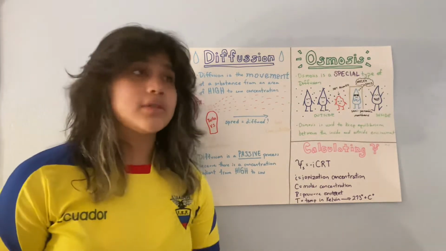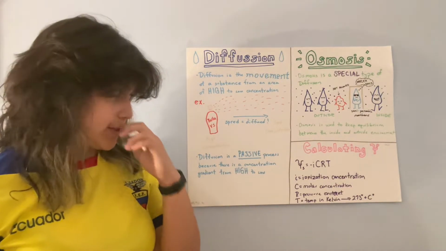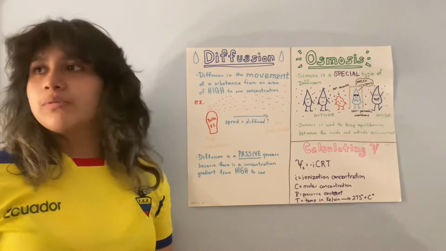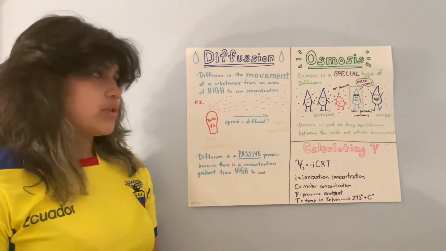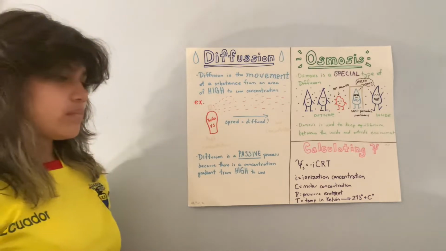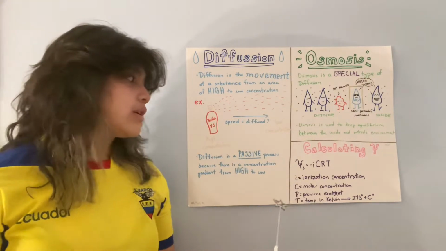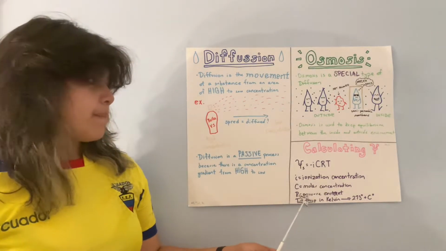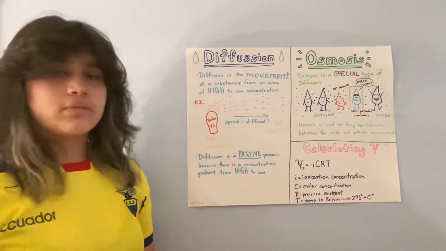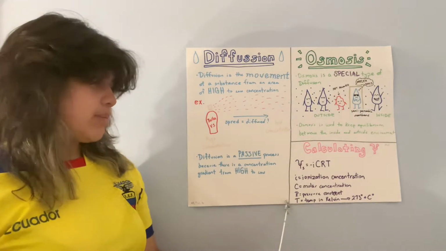Now, moving on from diffusion and osmosis, we'll be going to calculating water potential. Under water potential is also the ability to calculate solute potential. The components of the solute potential formula include the ionization constant, the molar concentration, the pressure constant, which can either be measured in bars or kilopascals, and the temperature.